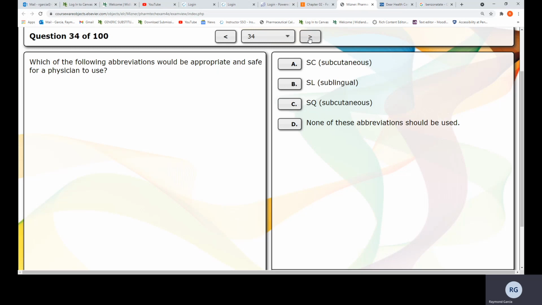Which of the following abbreviations would be appropriate and safe for a physician to use?